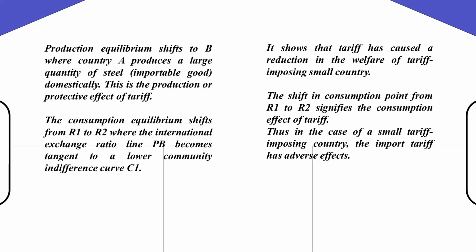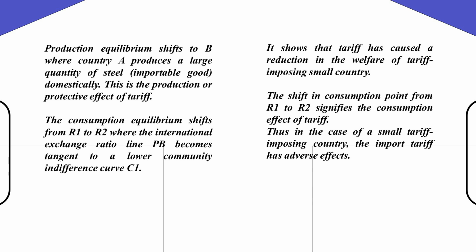Now, production equilibrium shifts to B, where country A produces a large quantity of steel, which is the importable good, domestically. This is the production or protective effect of tariff.